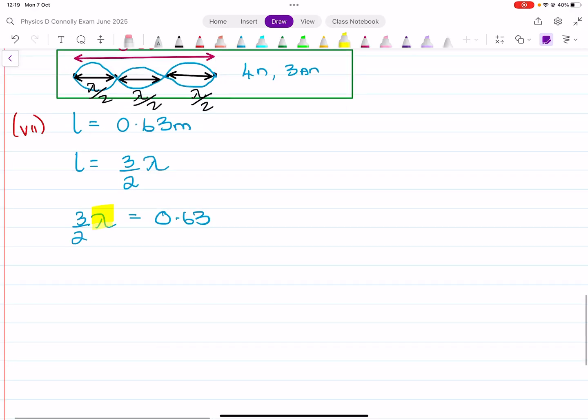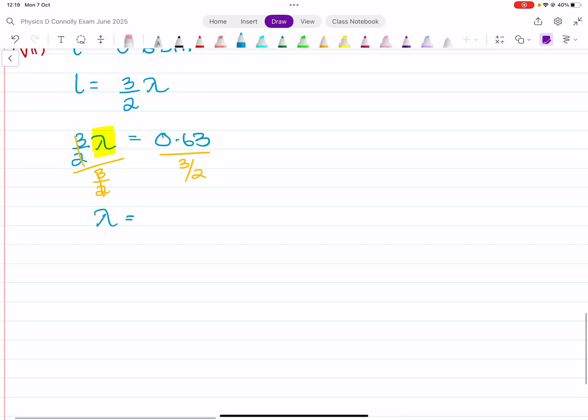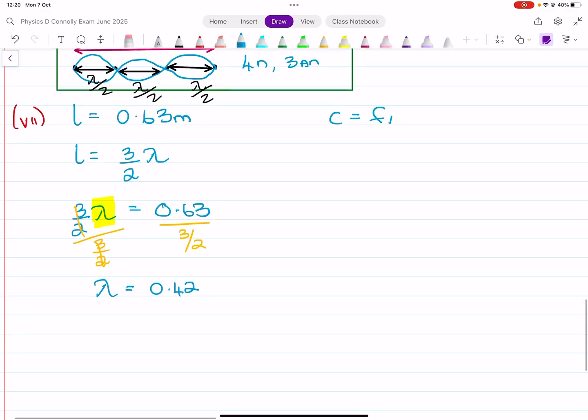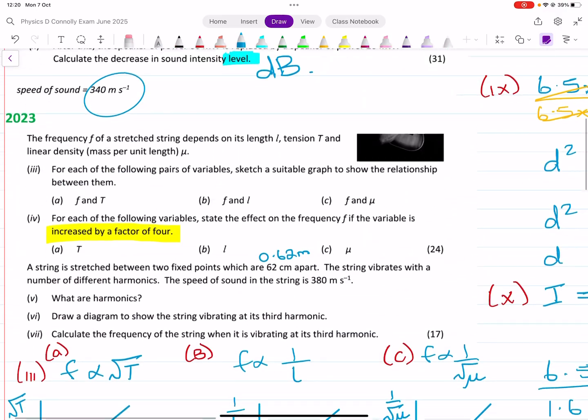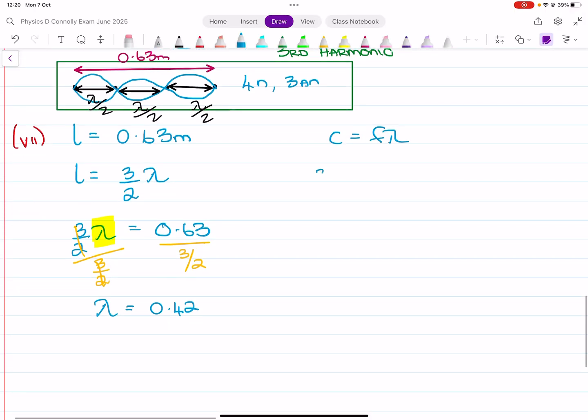We want to isolate lambda, so we divide by 3 over 2 on both sides. So lambda equals 0.42. And then we use C equals F lambda. What was the speed? 380. So 380 equals the frequency we don't know times 0.42.